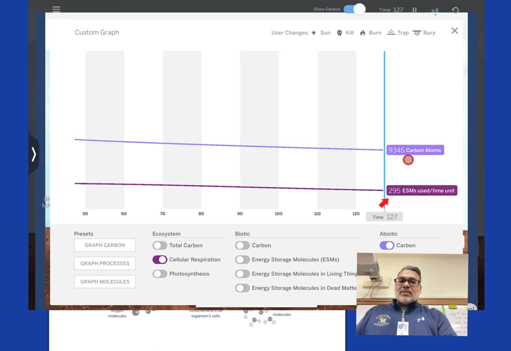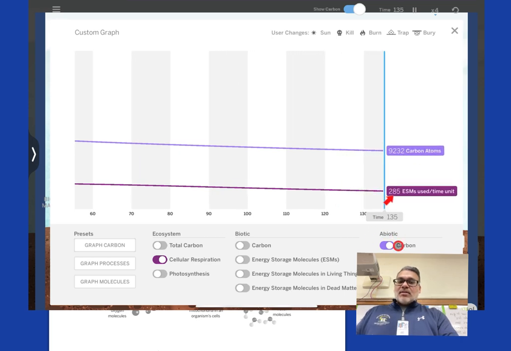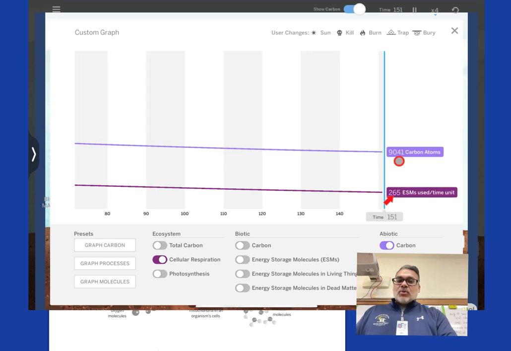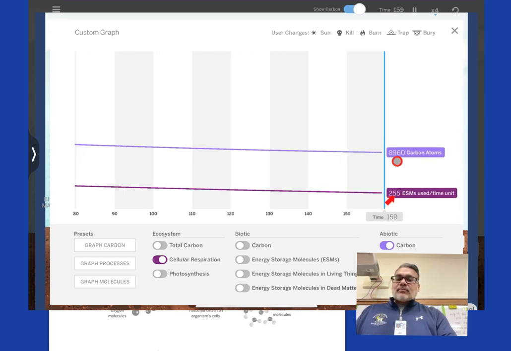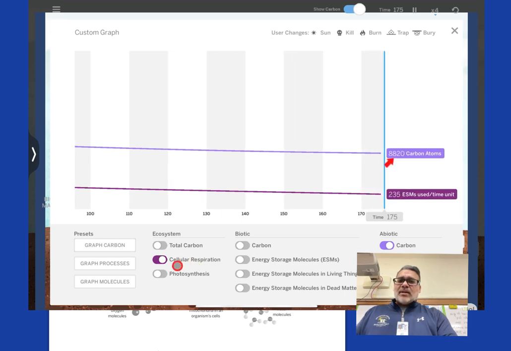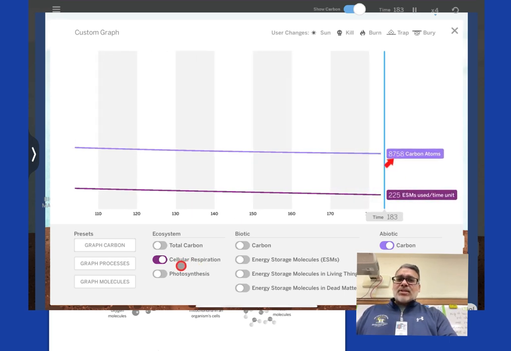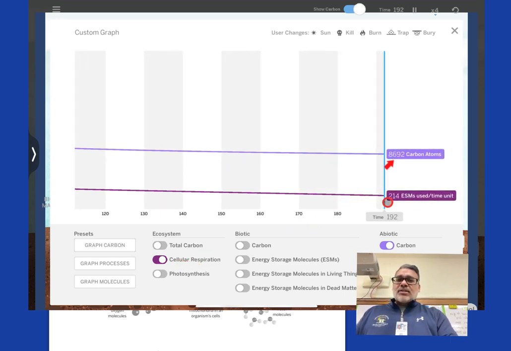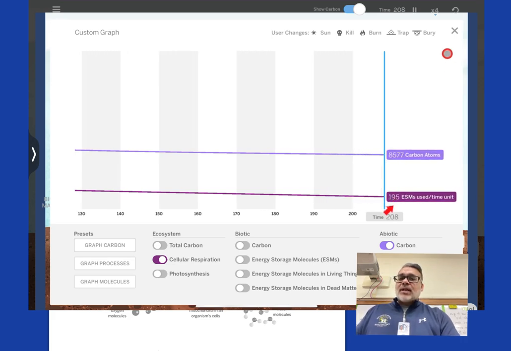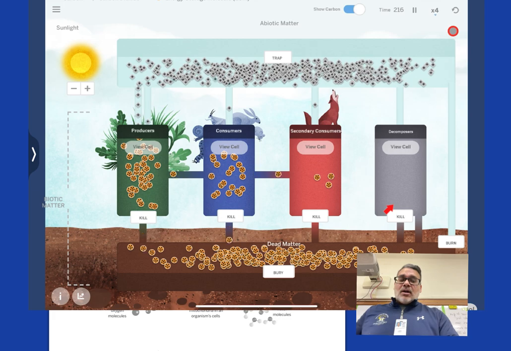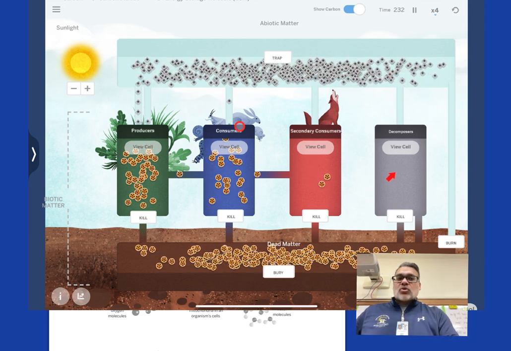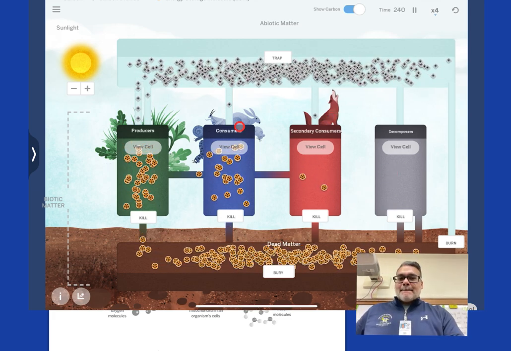And look at what's happening to cellular respiration, the chemical reactions in the ecosystem. So when the decomposers are no longer there, notice what happens to the carbon in the ecosystem as a whole. Is it increasing or is it decreasing? And here is cellular respiration overall in all the organisms. Is it increasing or decreasing when you destroy the decomposers? Okay, thanks so much.